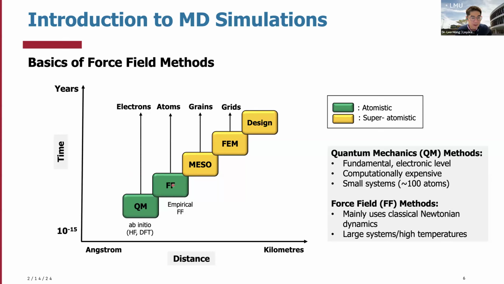The green part covers the nanoscale using simulation. Using this force field method, we can describe material behavior at the atomic level for a very high number of atoms, up to 1 million or 10 million atoms, but we need high-end research computing to make this possible.